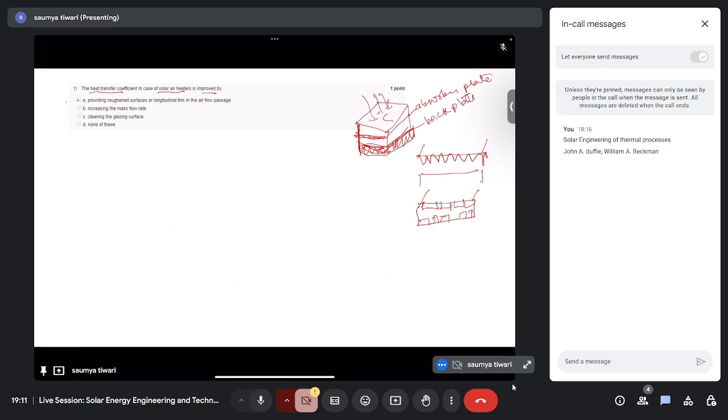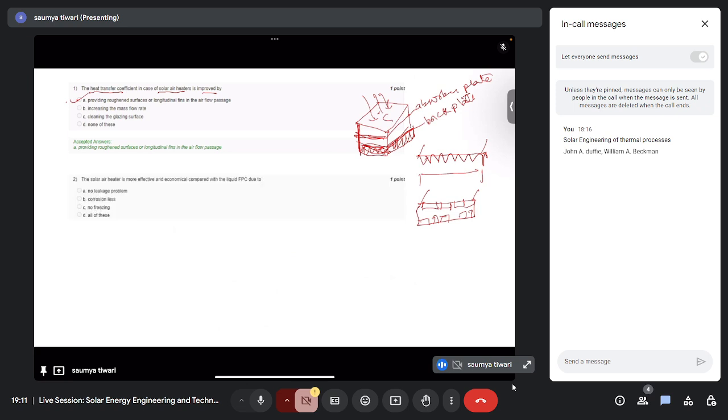So this option A will be correct. Increasing the mass flow rate will not affect the heat transfer coefficient, and the cleaning of glazing surfaces will also not increase the heat transfer coefficient. So the correct answer will be option A only. By providing the roughened surface or the longitudinal fins in the airflow passes, we can increase the heat transfer coefficient for solar air heaters.